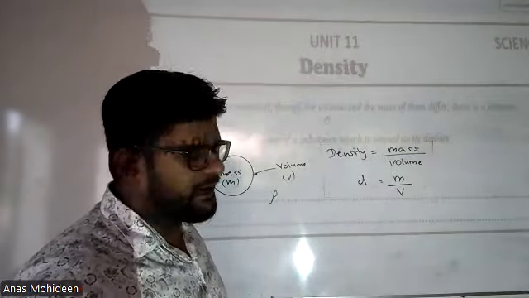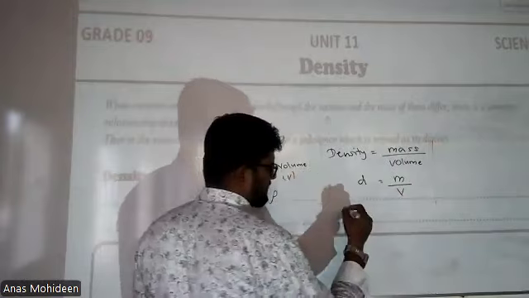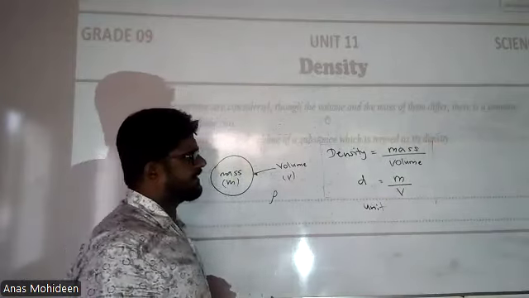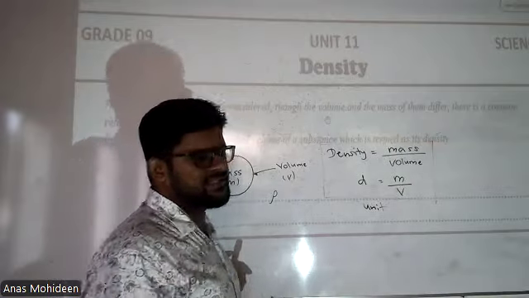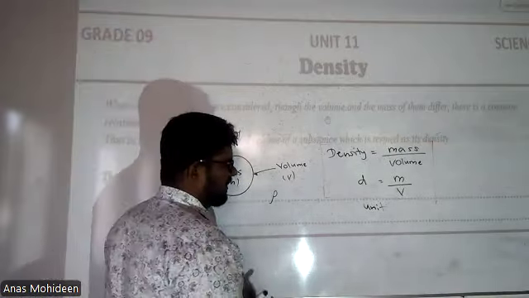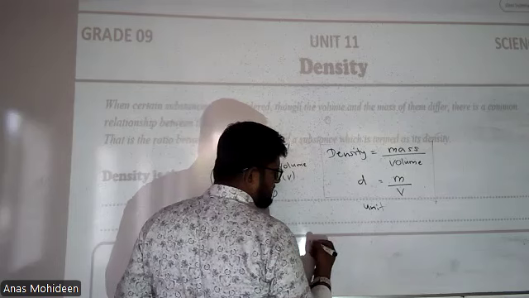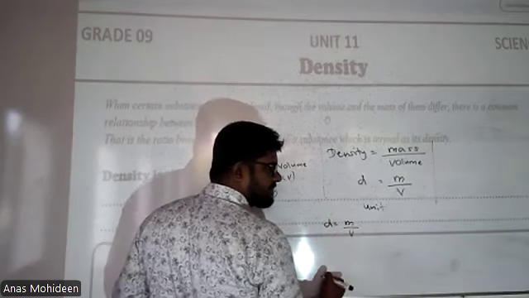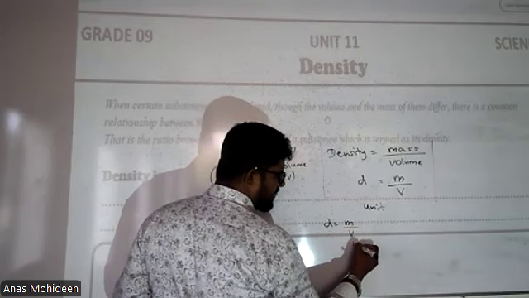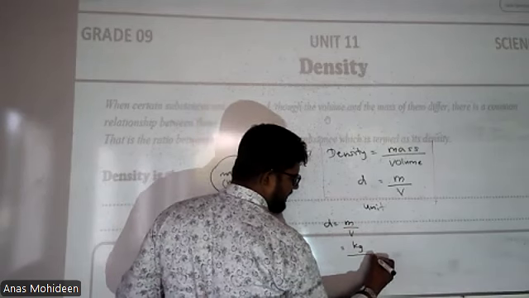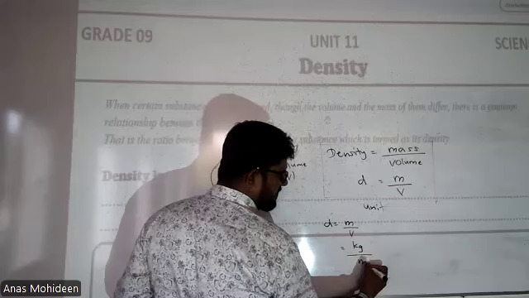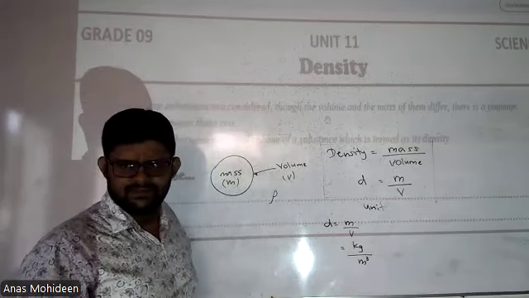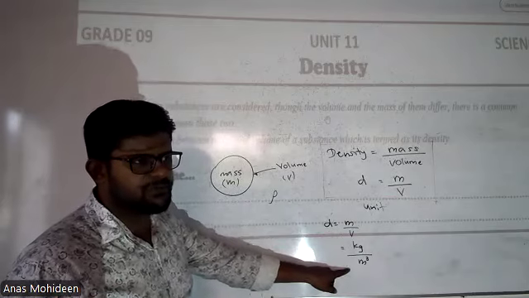Now, we have to take the units. We take the units in two ways. The standard unit: D is equal to M over V. Mass is measured in kilograms, volume is measured in cubic meters.